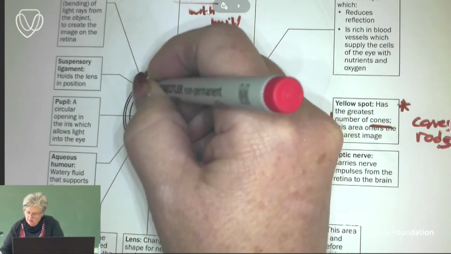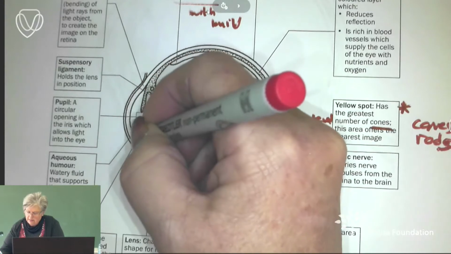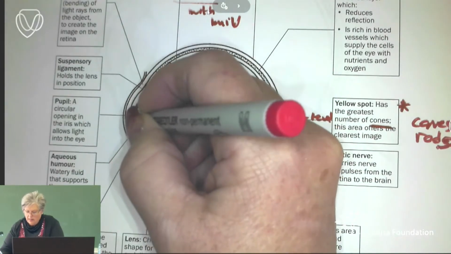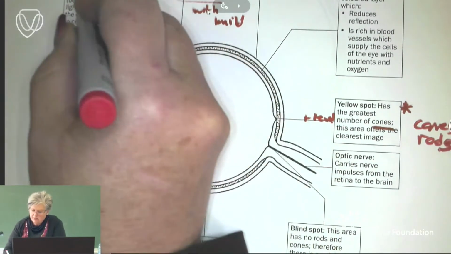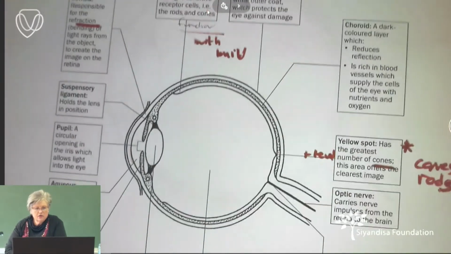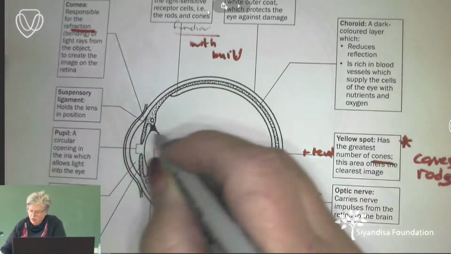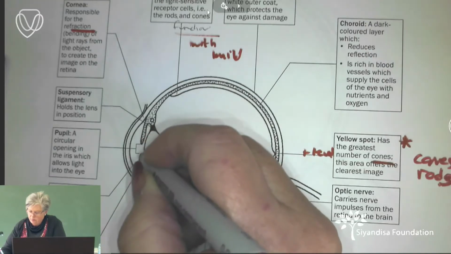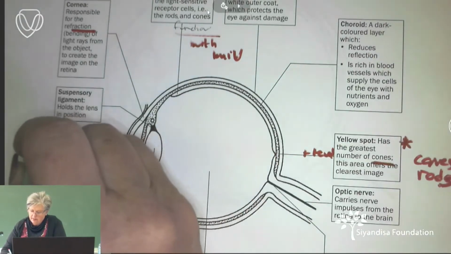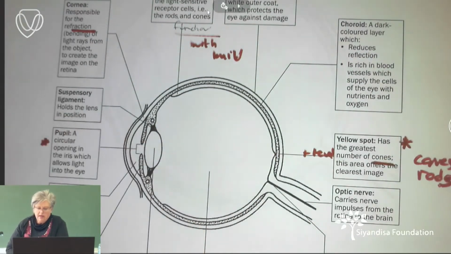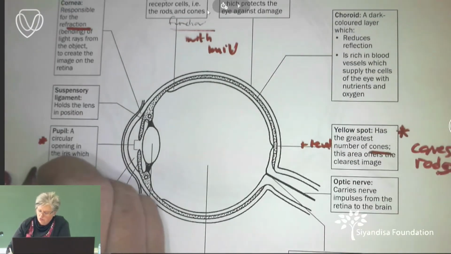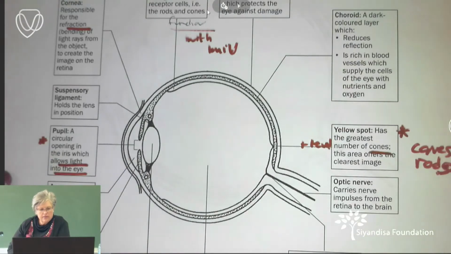Now the cornea is a thin layer above the eye that is responsible for the refraction, or bending, of the light. After that, we see there's an opening. The opening is circular, and it has to do with the entrance of light into the eye.